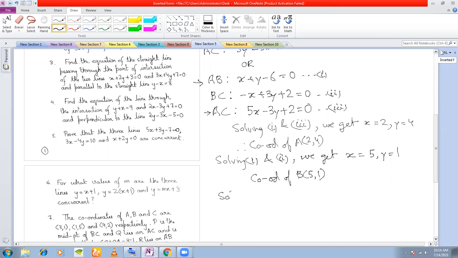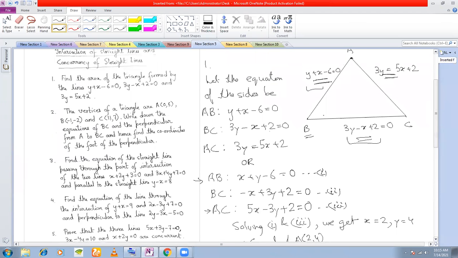Okay, what is left? Solving 2 and 3. What are 2 and 3? 2 and 3 are the sides BC and AC.